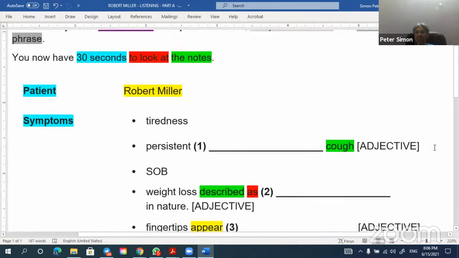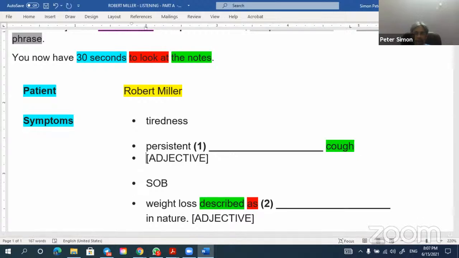Now let us see here. This is an adjective. Right. Now, if this is an adjective, what type of an adjective? Adjectives have 3 degrees.